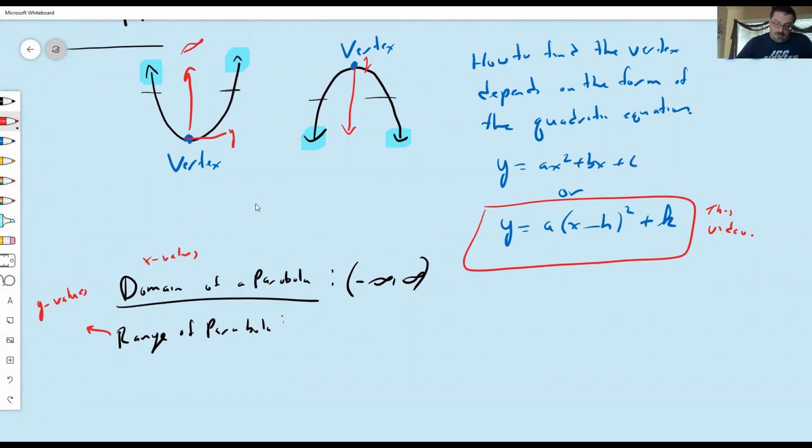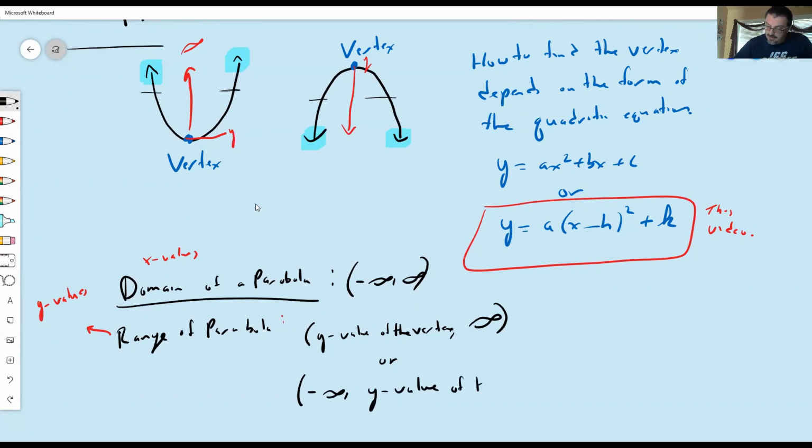So your range is going to be either the y value of the vertex to infinity, and this is interval notation, or it's going to be minus infinity to the y value of the vertex.